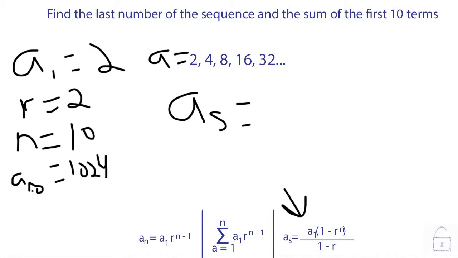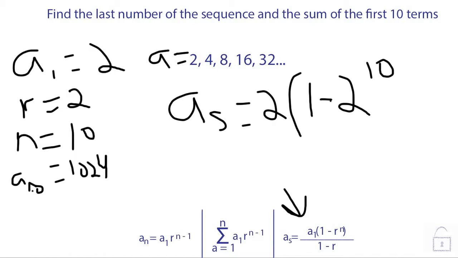So now we can just start plugging things in. a1 is equal to 2, times 1 minus the common ratio of 2 to the nth power, so 10, and all of that is over 1 minus r, so 1 minus 2. Now we need to simplify this. 2 to the 10th power is equal to 1024.